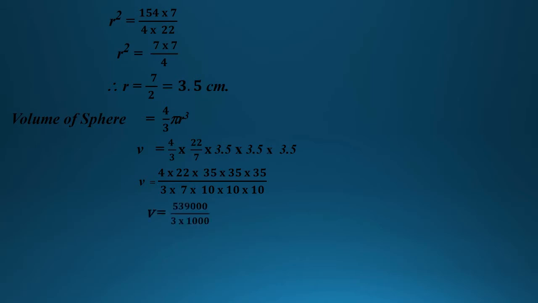Now, after calculating, we get 5,39,000 upon 3 into 1000. Now, calculation can be done removing the 1000 zeros. We get volume of the sphere is equal to 179.67 cubic centimeter.